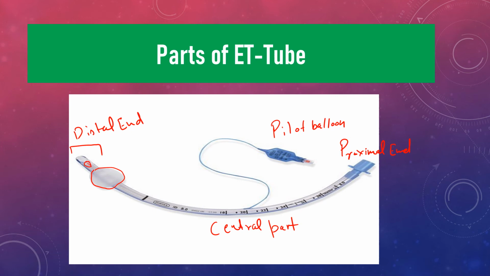If you see, this is the lateral opening, and this is called the Murphy eye. So these are the parts of the endotracheal tube. I hope you understand it well.